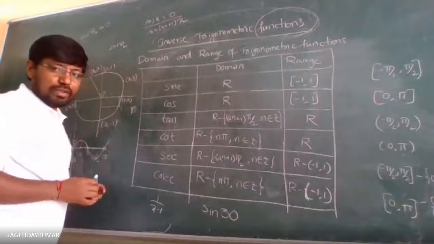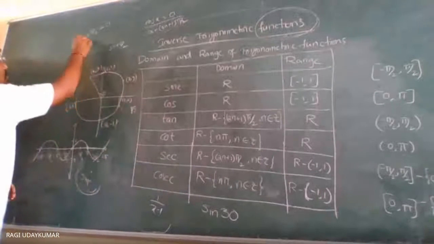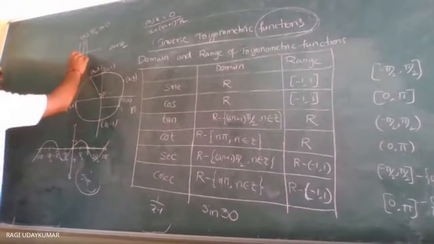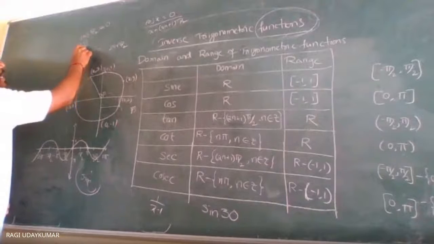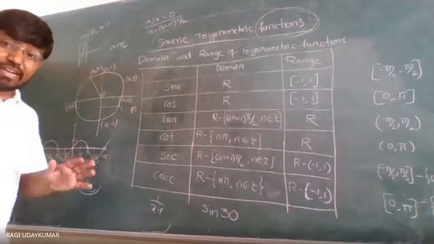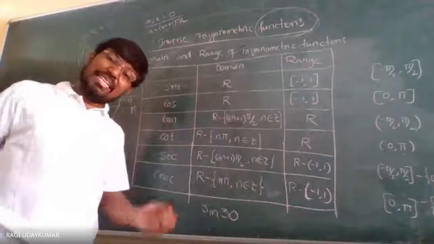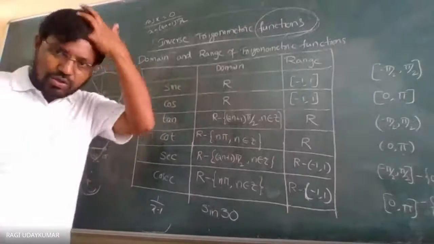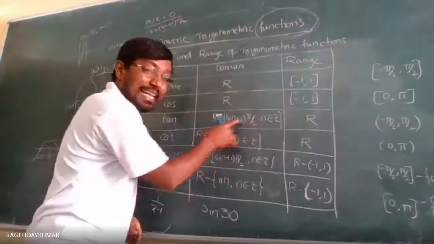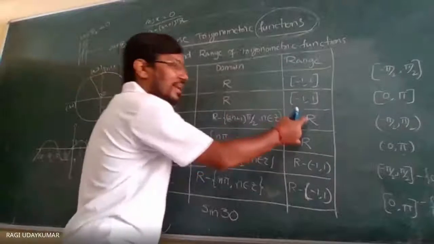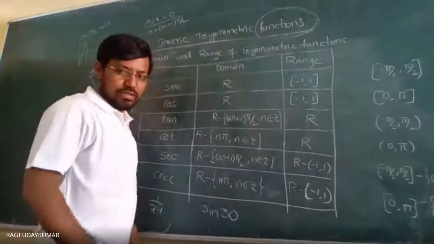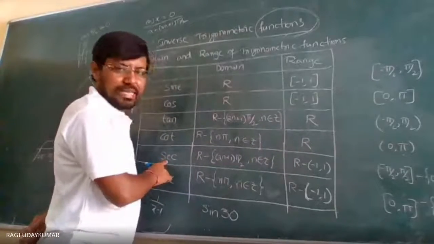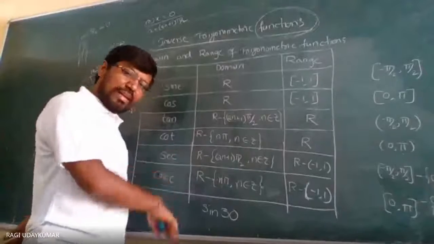Whenever you see the graph of the tan function, it will be like this graph: 0, 0, and at the place of pi by 2 it goes on increasing, a very big number, but exactly at pi by 2 it is not defined. So that's why pi by 2 is not taken into consideration in the domain, and all the other real numbers are included. In the same way for cot, all the real numbers. And for secant, in the same way, the denominator will be the cos.